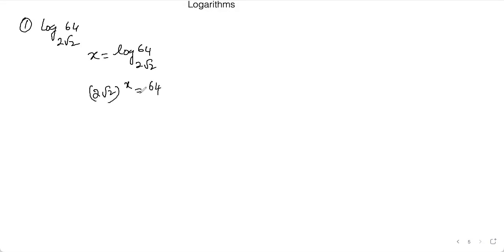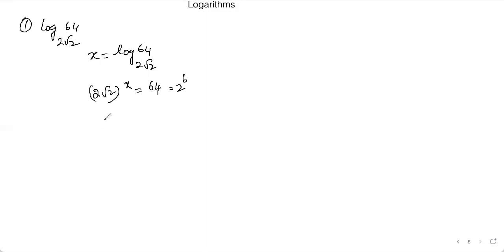So let us find log 64 to the base 2 root 2. Okay, let us find this. So again, keeping this x as log 64 to the base 2 root 2, so this is 2 root 2 to the power of x, which is 64, which is in the index form. Also, we can write this as 2 power 6.